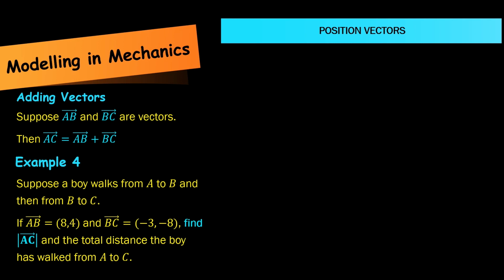So let's solve this. Suppose a boy walks from A to B and then from B to C. If AB equals (8, 4) and BC equals (-3, -8), find mod AC and the total distance the boy has walked from A to C. So let's solve.